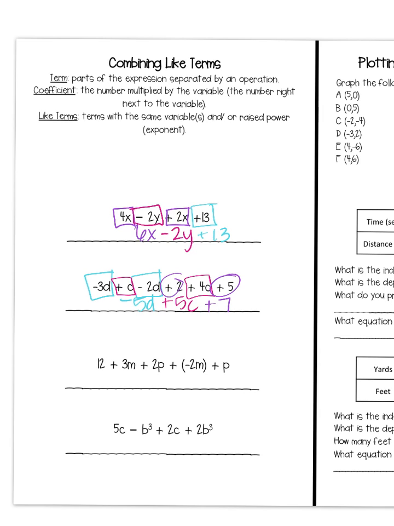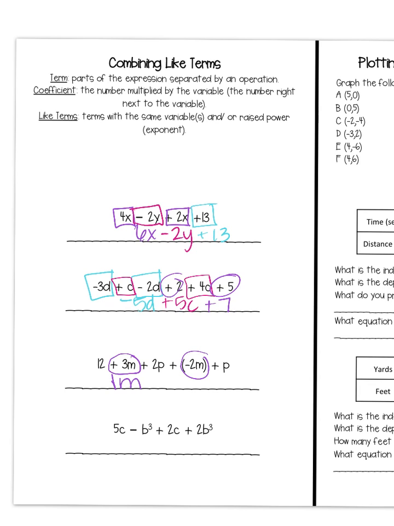Okay, come down here. This time I have my numbers first, but it doesn't matter. There's nothing to combine with it, so I'll just keep it at the end. I have a positive 3m and a negative 2m. Same sign add, different sign subtract. So what's 3 minus 2? 1. So I just have m. Now, you can write it just plain m like that, or if you feel it's necessary, you can put that 1 in front of it.